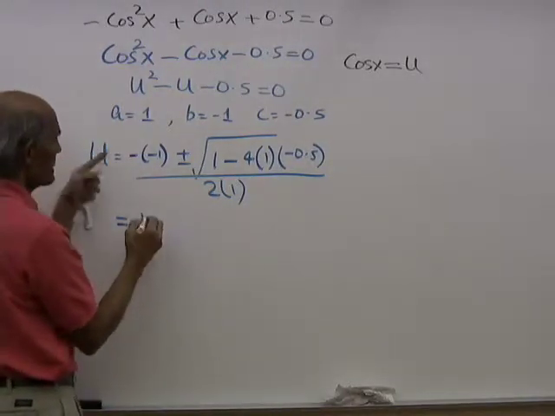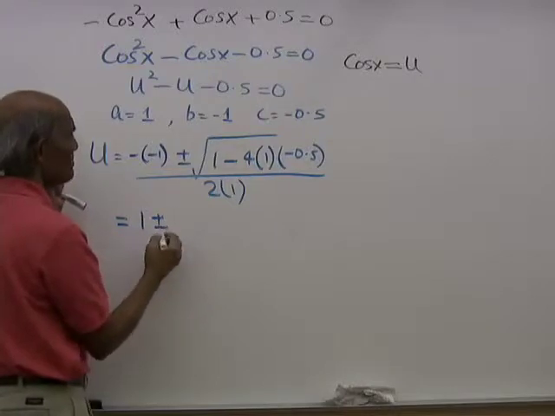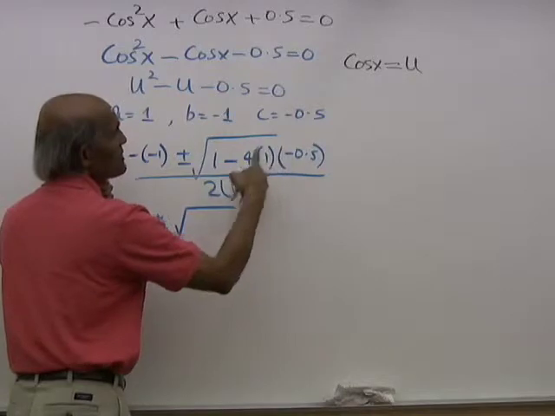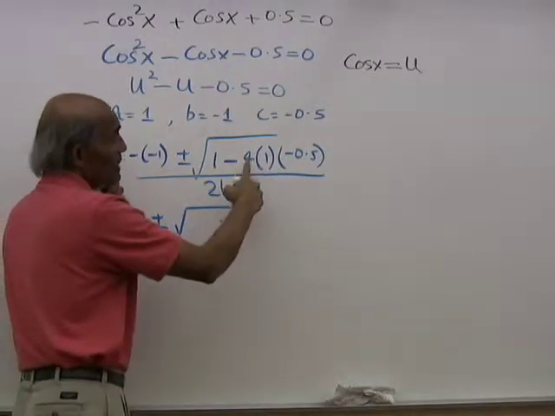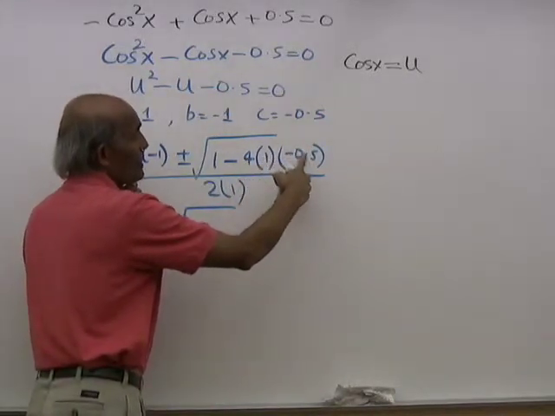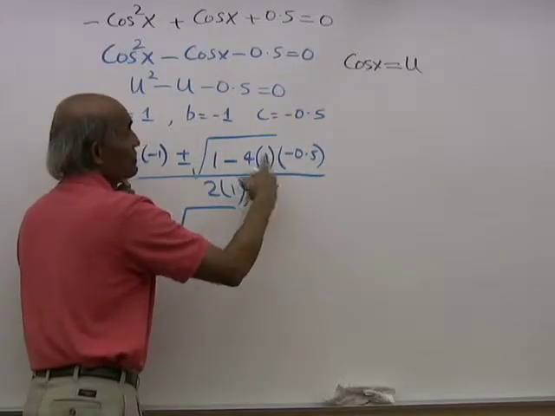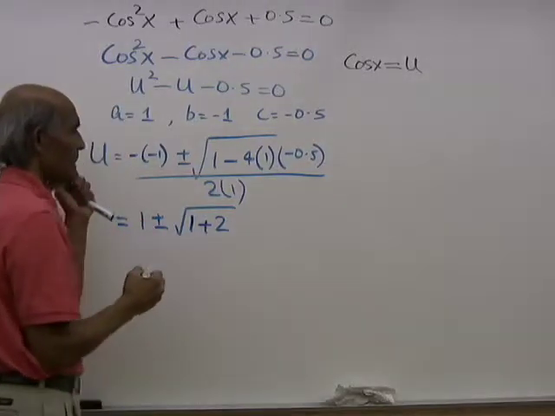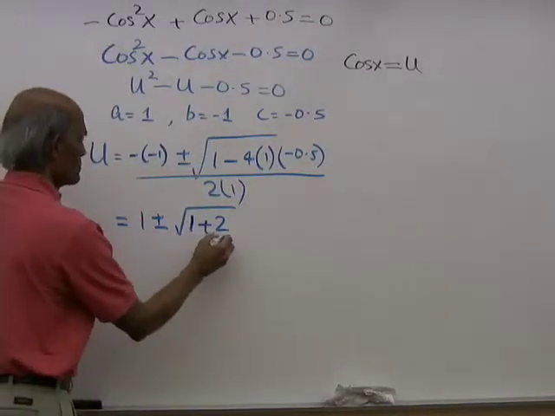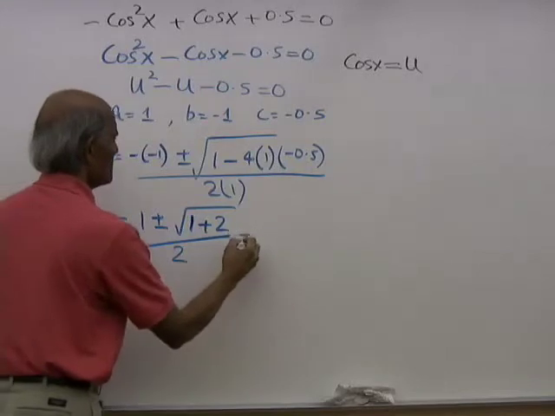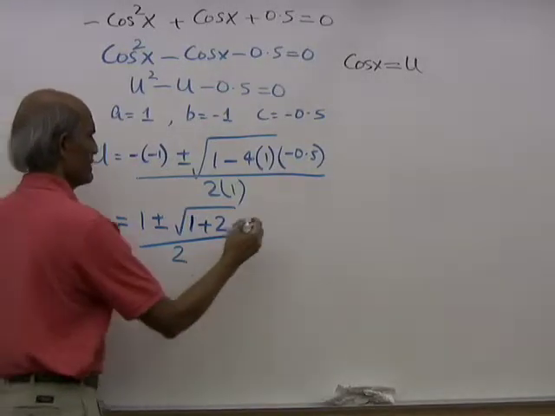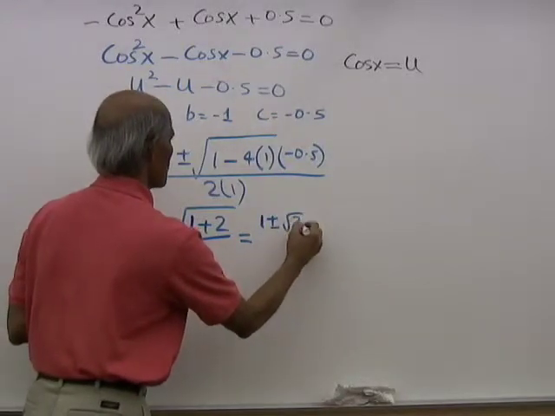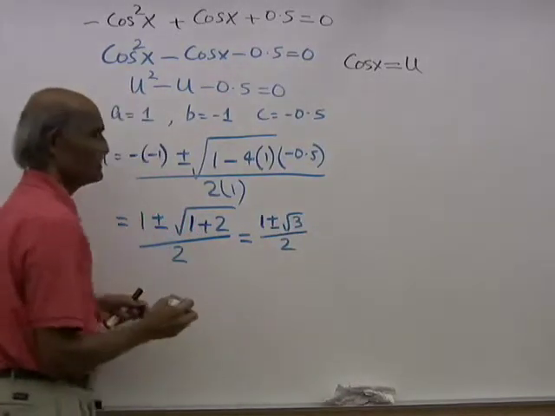That gives you negative, negative 1, plus or minus square root of, these two negatives will become positive, is that right? 4 times 1 is 4, 4 times 0.5 is 2. Two negatives become positive, that will be square root 1 plus 2 all over 2. And what's that equal to? That will be 1 plus or minus square root 3 over 2.